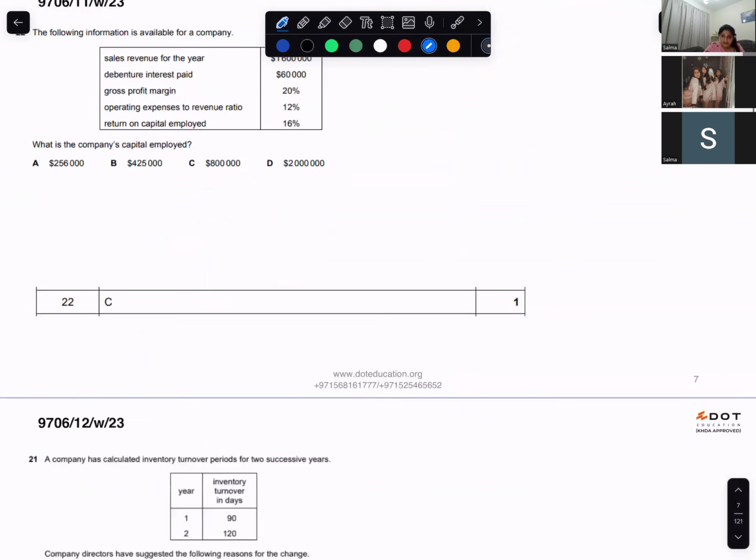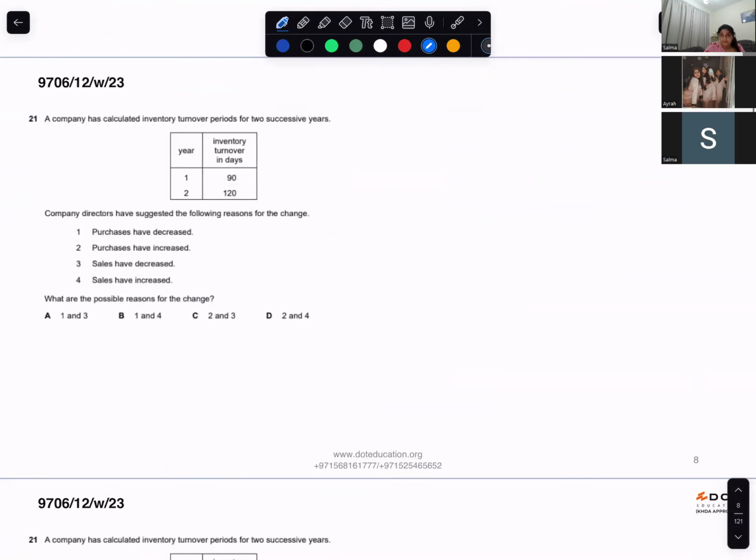Can you read the next one, please? A company has calculated inventory turnover periods for 2 successive years. Company directors have suggested the following reasons for the change: purchases have decreased, purchases have increased, sales have decreased, sales have increased. So inventory turnover in days has increased.